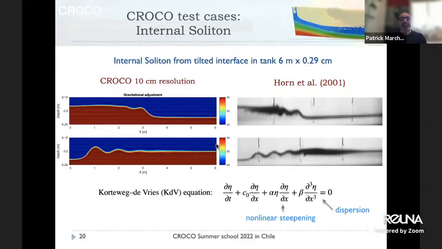Okay, the next test case is the internal soliton. It is also part of the basic CROCO test cases.